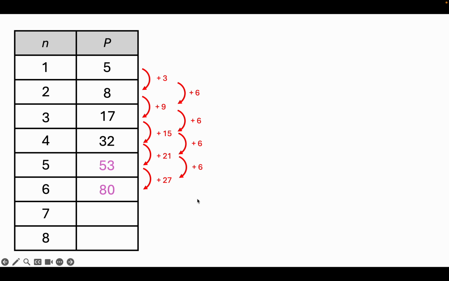Then if the next second difference is 6 again, the next first difference would be 27 plus 6, 33. And the next term would be 80 plus 33, 113. And then for the last one, well, if the second difference continues to be 6, then the first difference will be 39, and the next term will be 113 plus 39, 152.